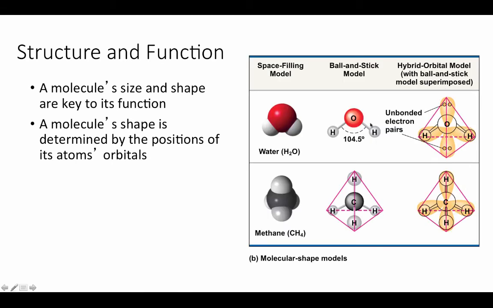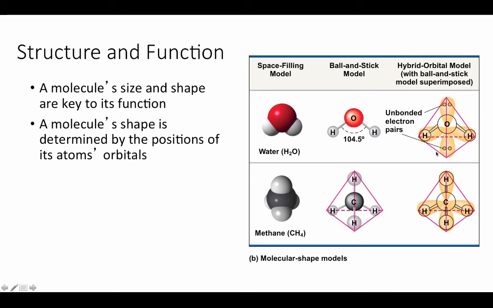We saw this earlier with the water molecule taking this kind of bent shape, as opposed to carbon dioxide, which has the two oxygens on either side of the carbon because it's forming those double bonds. In water, we've got two unpaired electrons taking up other positions, causing it to have just a bent shape. You can see this diagrammatically here.